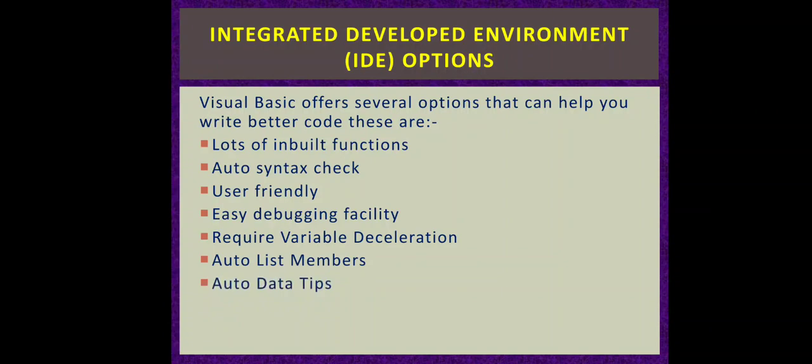We just need to put the icons, drag and drop. The coding is very simple, the debugging is very simple, and we have so many good facilities in this IDE. Auto quick info, I already discussed with you.